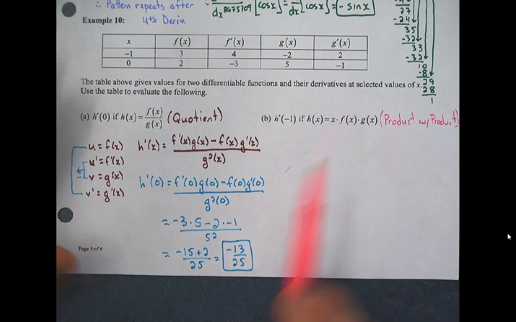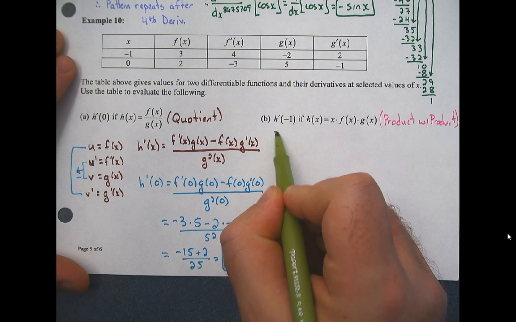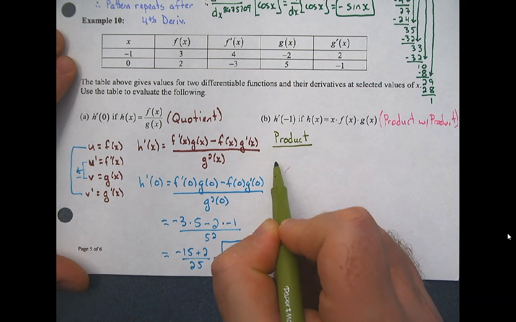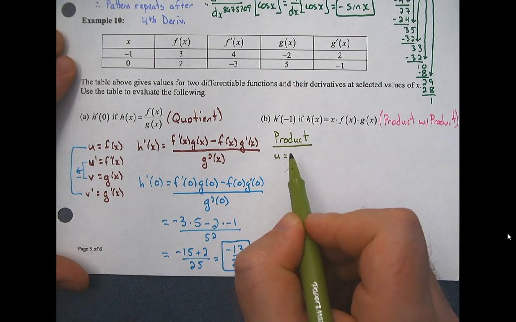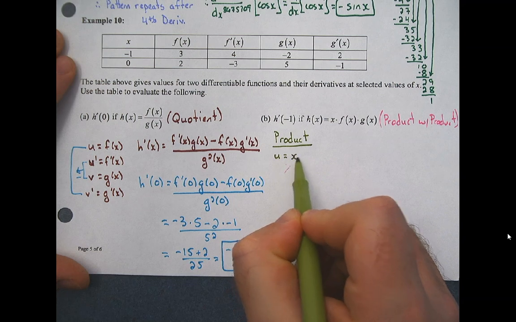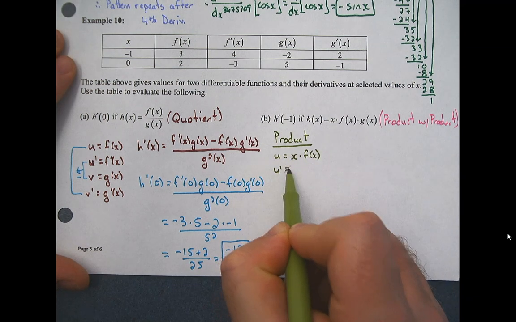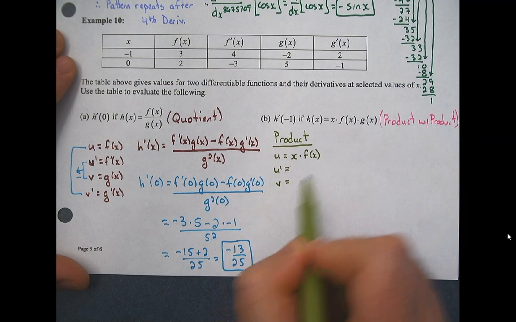So when I set up my u's and v's, I'm going to have two different setups. So let's start off with my first product. And it doesn't really matter what you choose as your products. I'm going to choose u to be x times f of x. U prime is what it is, and v would be equal to g of x.